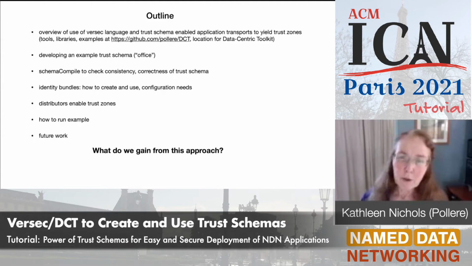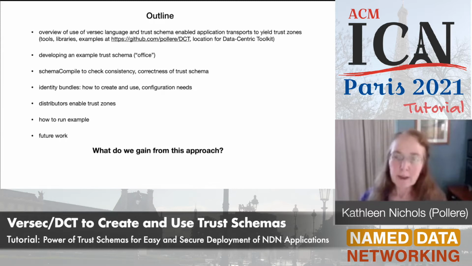Then I'm going to illustrate this by developing an example trust schema that I'm calling Office, because it's for a simple office. Then we'll talk some more about how we use Schema Compile, which takes a trust schema and compiles it, and checks for the consistency and the correctness of the trust schema.